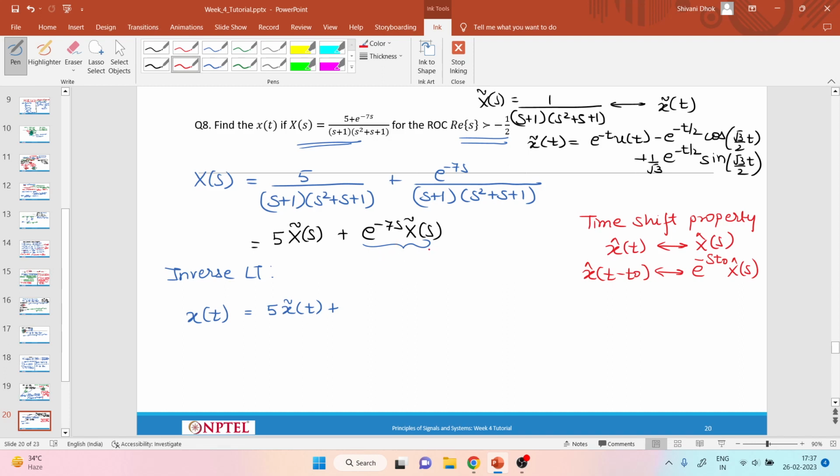Comparing these two, my x hat of s is simply x tilde of s, and the value of t naught is equal to 7. So this is simply x tilde of t shifted by a factor of 7.